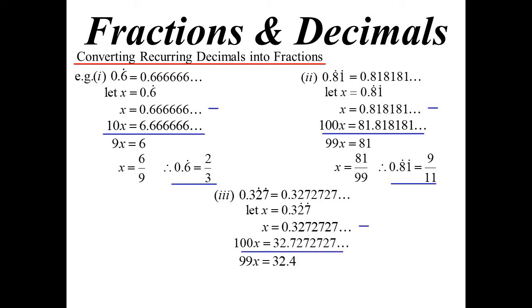So I can still do this idea, I just get something strange. 99x is 32.4, so x is 32.4 on 99, but we don't normally have decimals in fractions. Multiply top and bottom by 10, and you get 324 on 990, which, by the way, simplifies down to be 18 on 55.